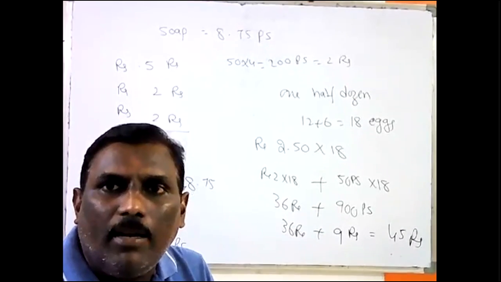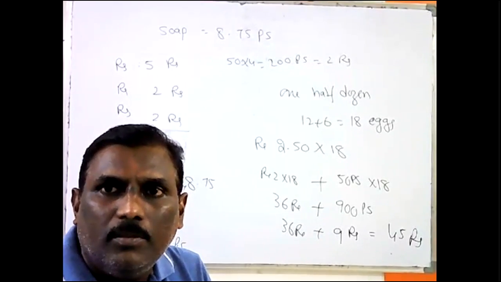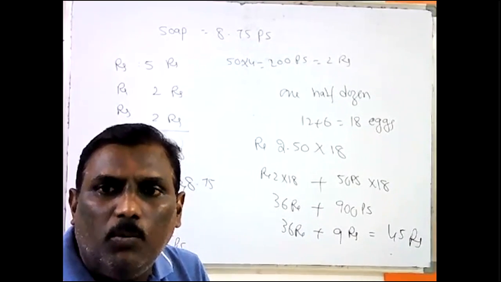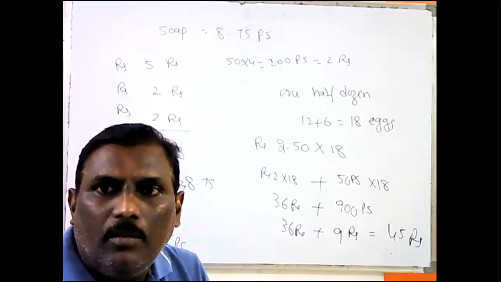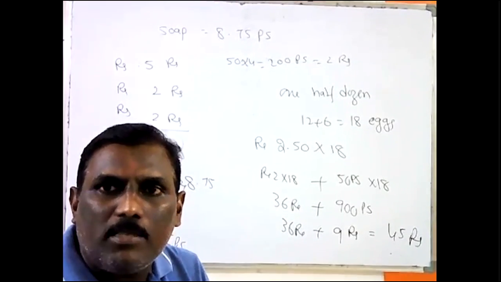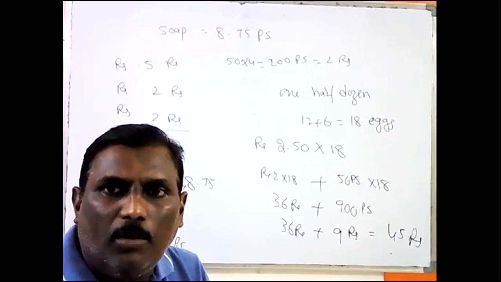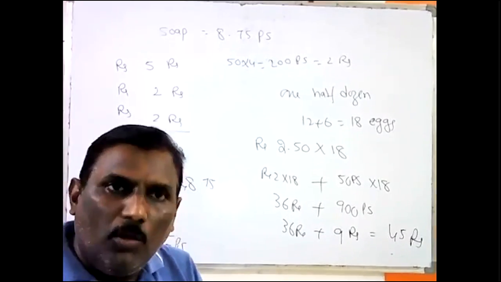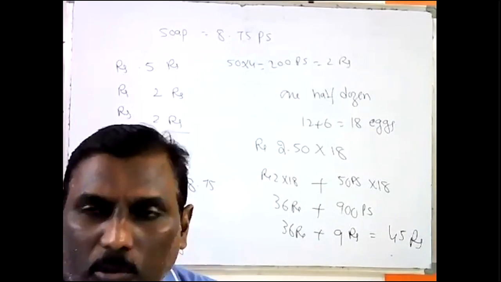Mathematics is there in our entire life. So if you do on your own, definitely you will learn. If you want more experience, go to a shop, buy things, and you pay. You go with elders, but you do the calculation.